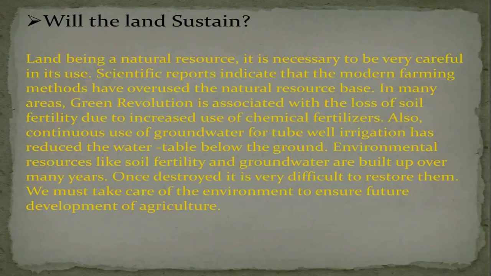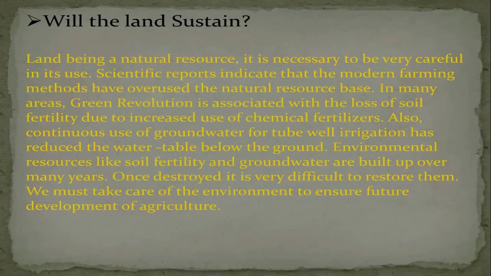There are so many areas where this Green Revolution has been associated with the loss of soil fertility. And this is because of the increased use of chemical fertilizers. Also, since we are continuously using tube wells, our groundwater is being depleted faster. Our water table is reducing.